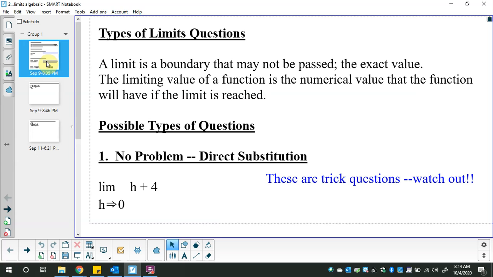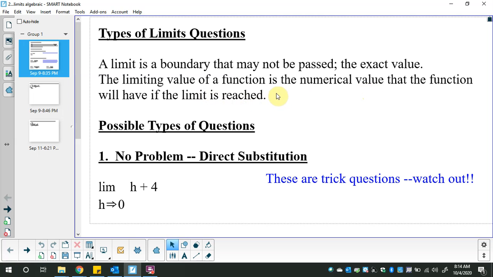So the first part about this stuff right here was written in the graphical limits lesson. A limit is a boundary that may not be passed. It's the exact value. The limiting value of a function is the numerical value that the function will have if the limit is reached.